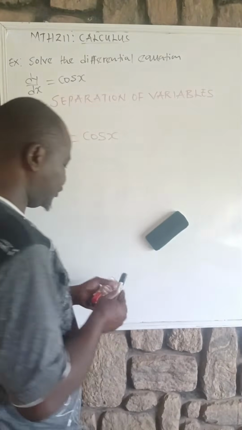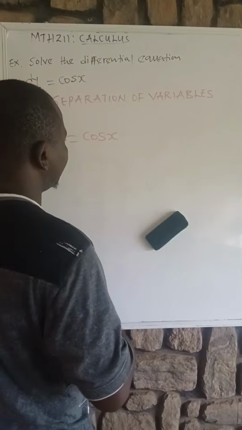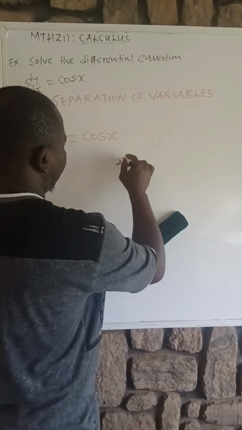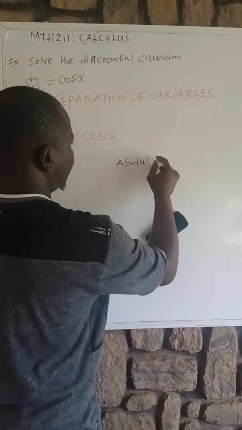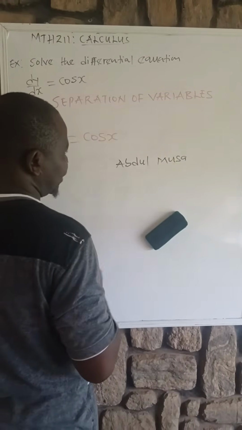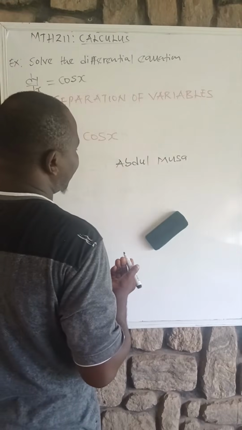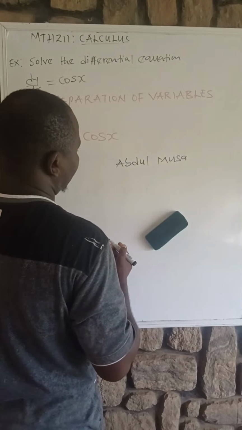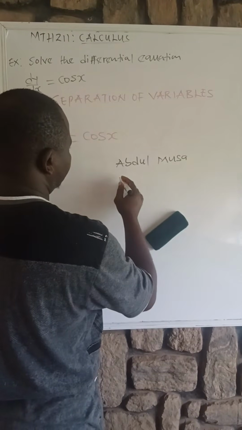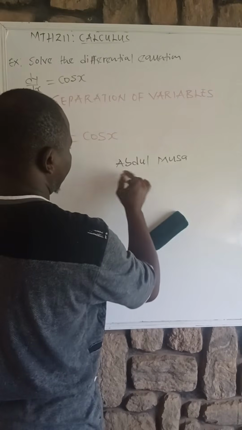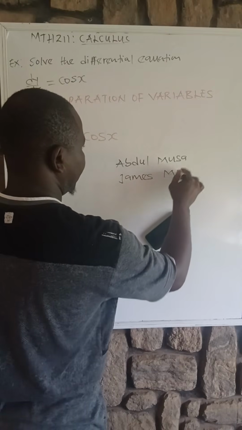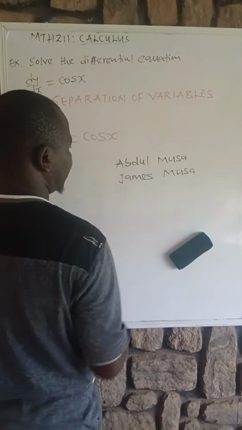Just like you will hear somebody bearing Abdul, right? Abdul Musa. Can you see now? Then the other person will be bearing, let's say, James Musa.